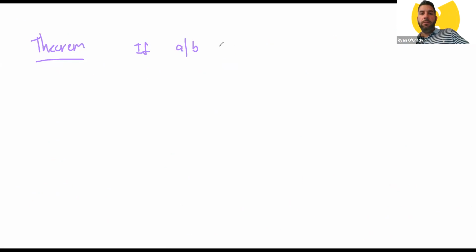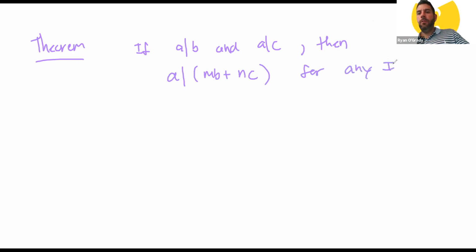So if A divides B and A divides C, then more is true. Then A divides MB plus NC for any integers M and N.